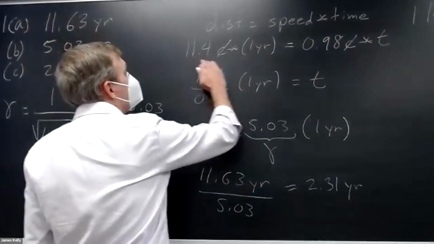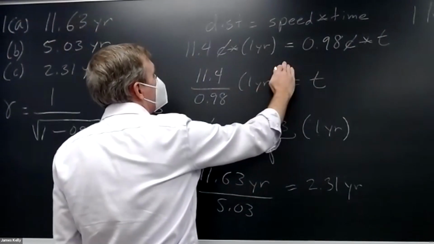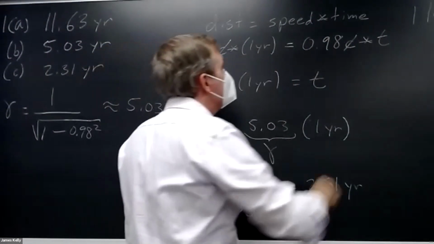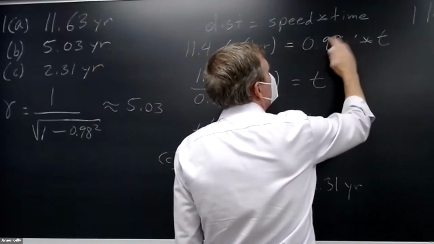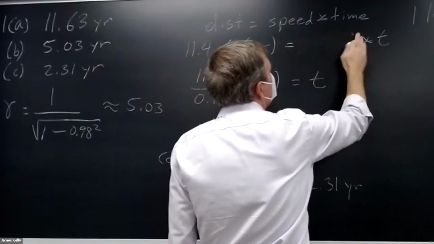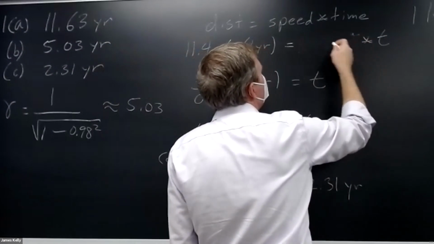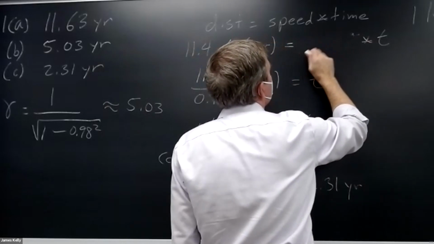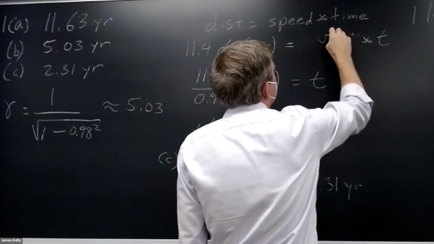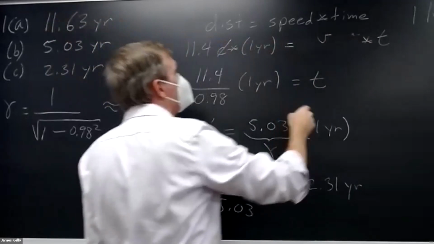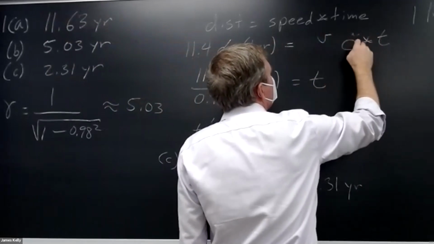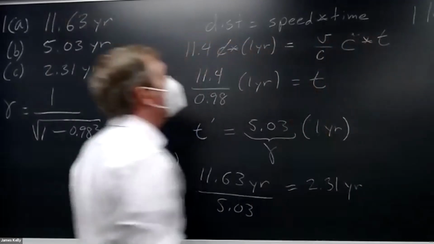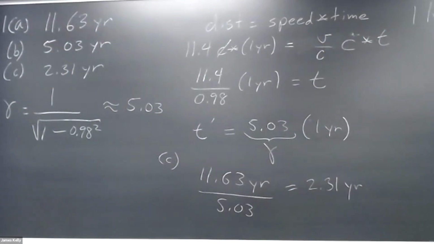The distance they had to go was 11.4 light years, and we wrote that as c times years, and that's equal to the speed they're going. They're no longer moving at 0.98 c. Now there's some unknown value, v. We could leave the c that we had in there and put a v over c, maybe that's the easiest thing to do.